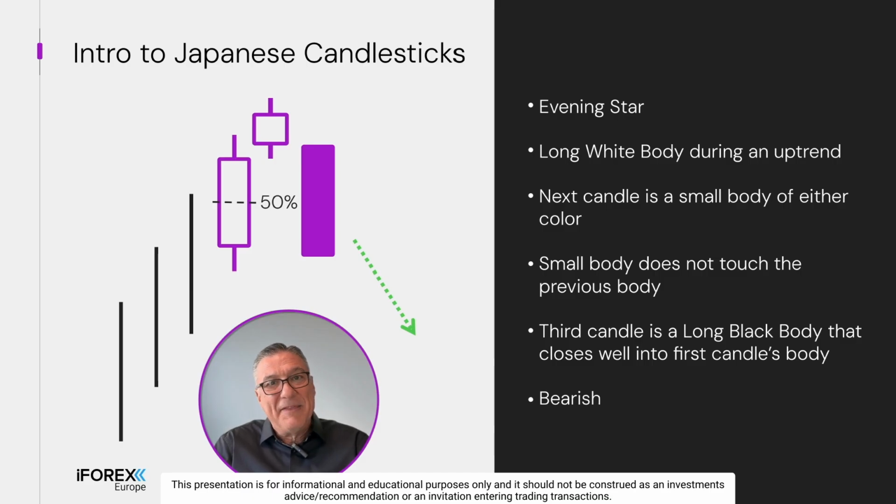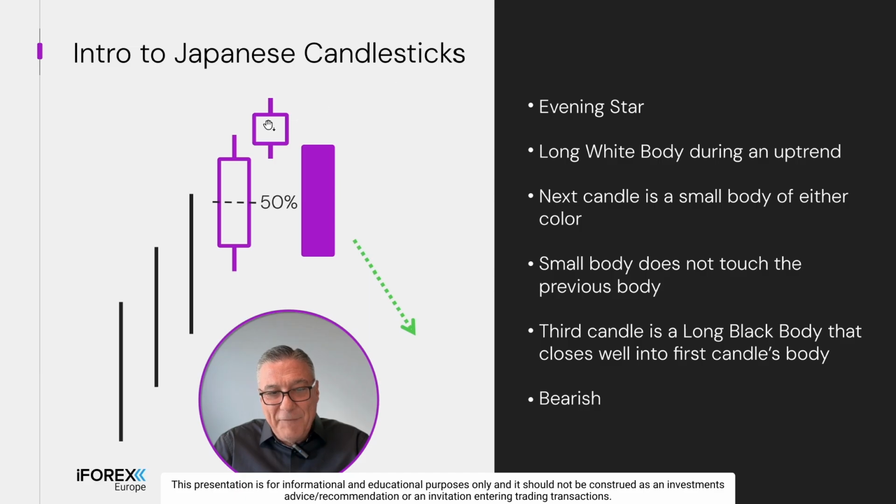Now this is a three candlestick pattern, the evening star, and again a prerequisite is an uptrend followed by a long white body that complies with the upward movement, right? And then a small body that gaps up. The small body usually indicates indecision, right?